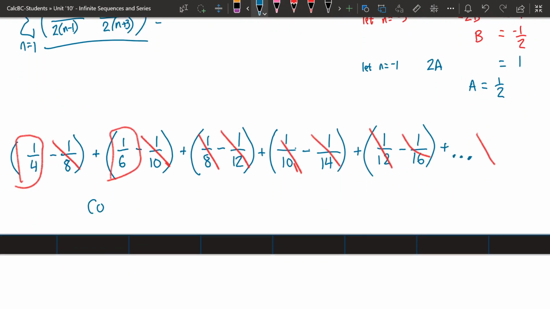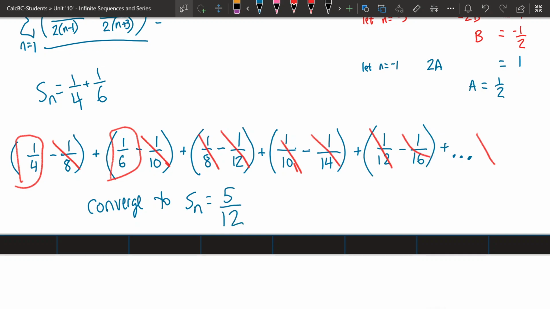All right, so this is going to converge to our sum. And our sum is 1/4 and 1/6. If we find common denominators, then that's going to give us 5/12. All right, so just a couple extra steps.